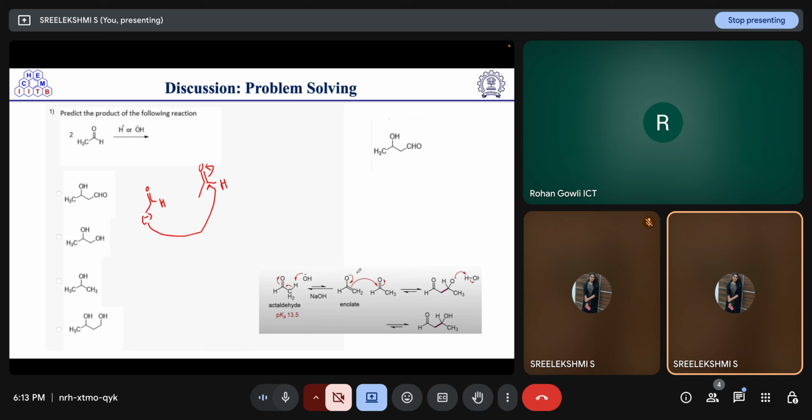It will form this enolate, or it can exist in this form as well. Both are the same only. Then it will attack over this carbonyl carbon center to form this compound. This will be O minus, which can be protonated to form this alcohol, a beta hydroxy ketone or aldehyde. Here in this case it is an aldehyde.